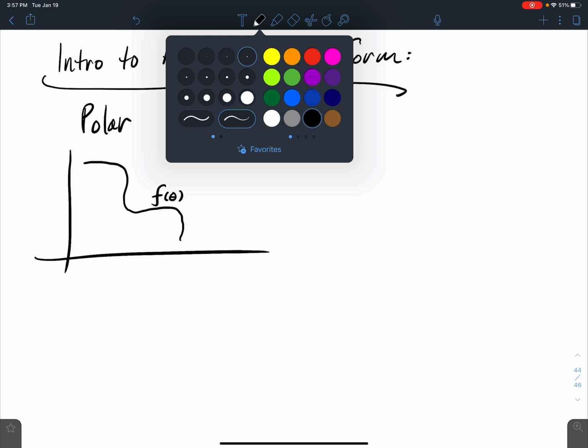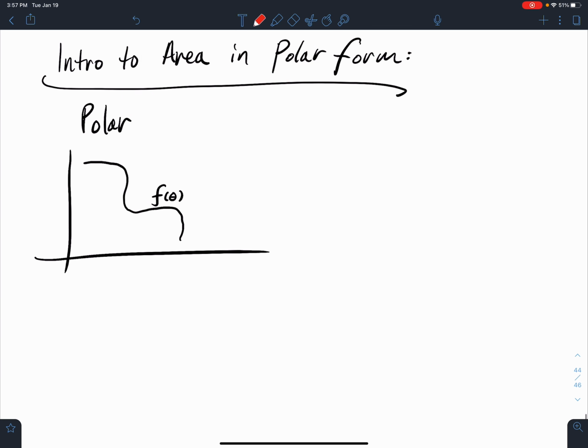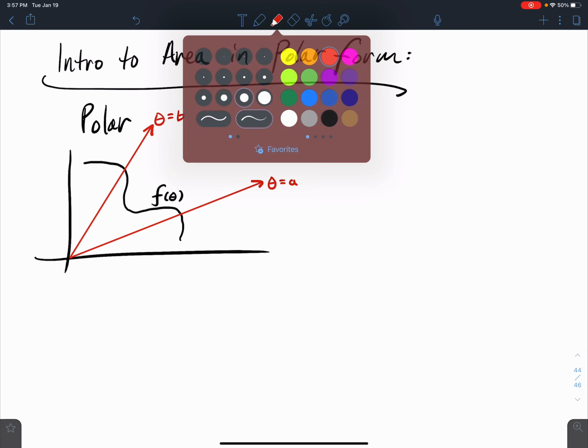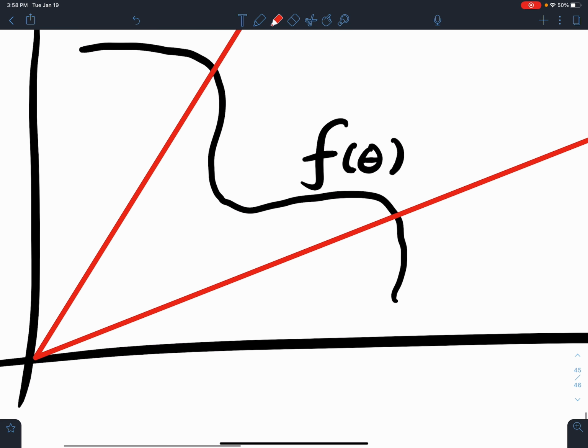Well, we're going to find the area from some given theta value, theta equal to A, up to theta equal to B. Okay. And the area that we're finding is shaded in here.